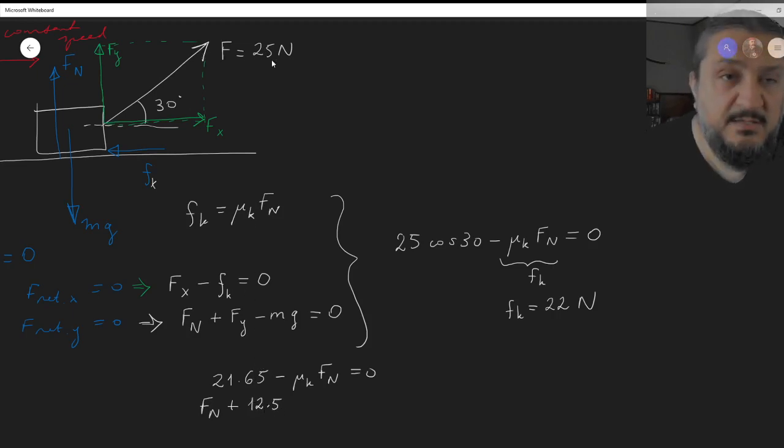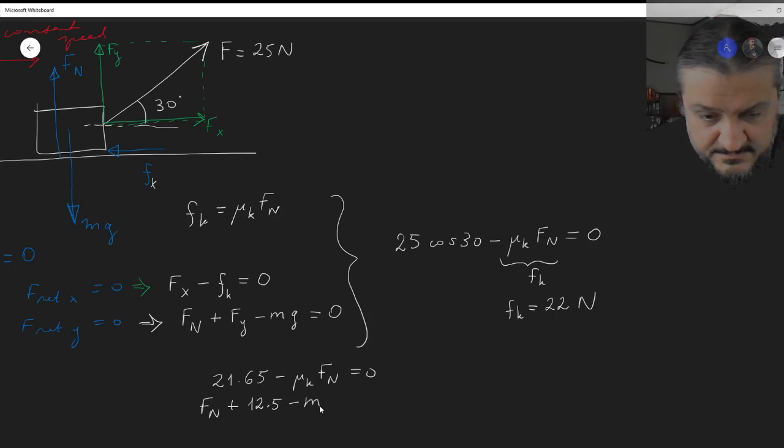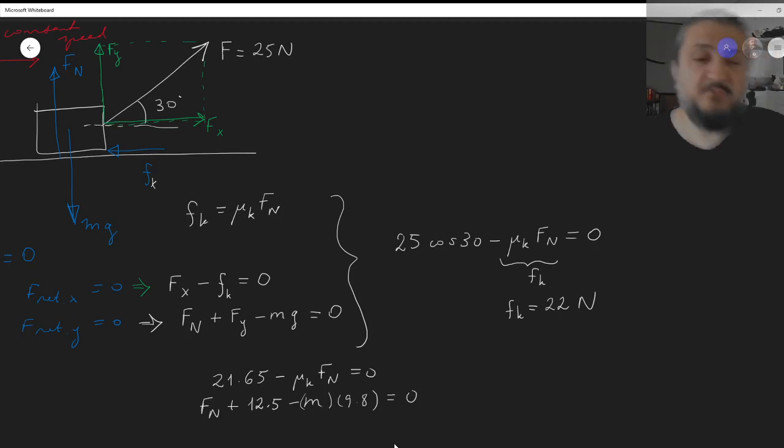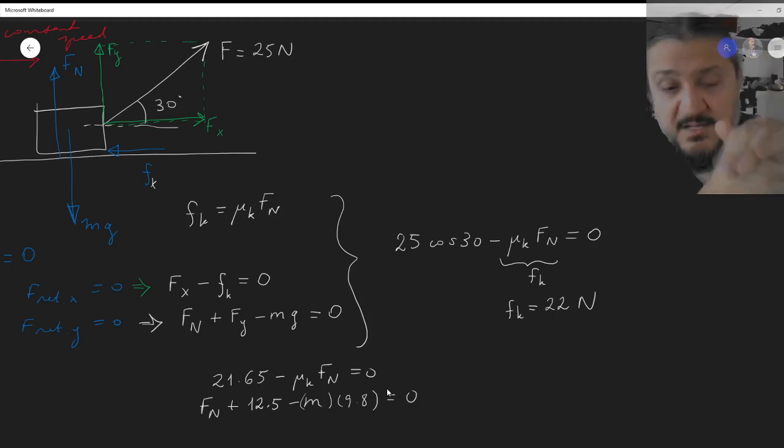Okay, 25 times sine 30 is 12.5 minus mg. G is 9.8. Equals 0. Okay, I mean, I have three unknowns basically, Fn, m, and mu k, and I only have two equations, so that's pretty much it.